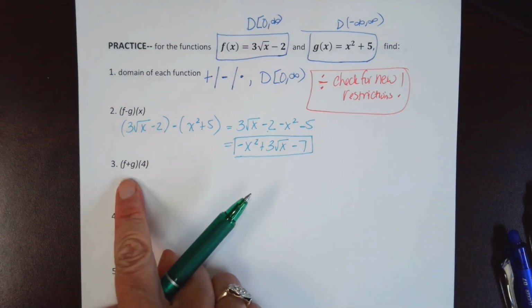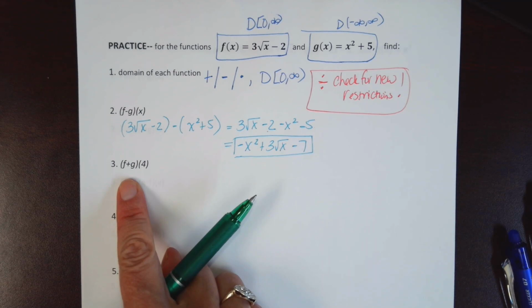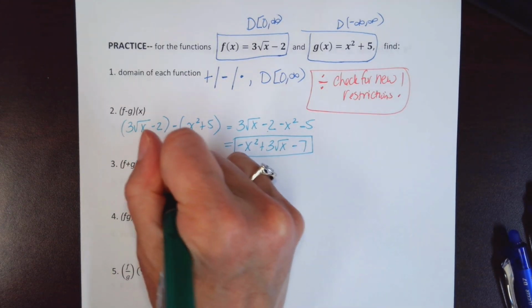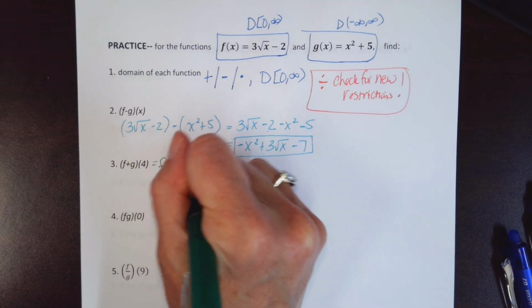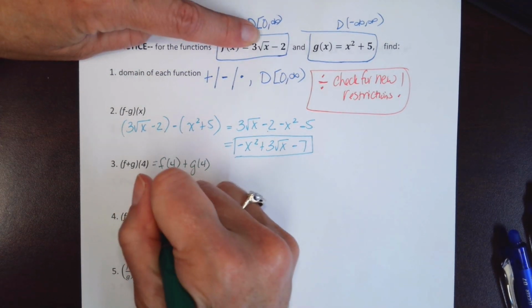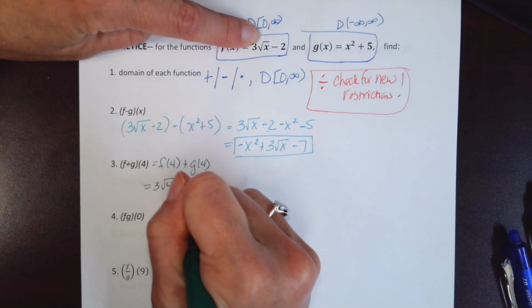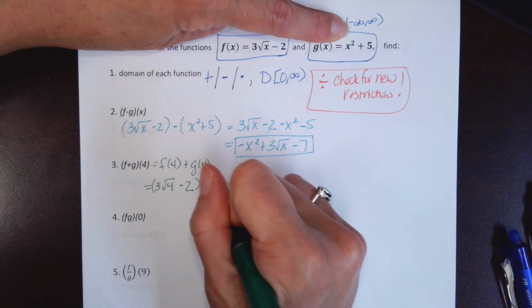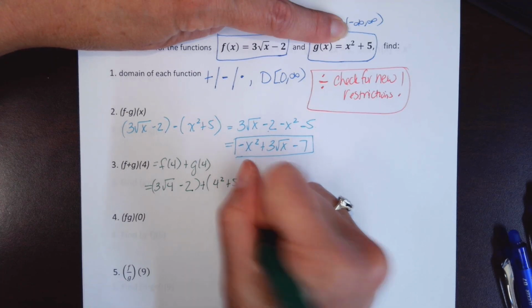All right, f plus g of 4. I've got two things going on here. I'm adding the two functions together, and anywhere I have an x, I'm replacing it with a 4. So I've got f of 4 plus g of 4. F of 4 is going to be 3 square root 4 minus 2, plus g of 4 is going to be 4 squared plus 5.